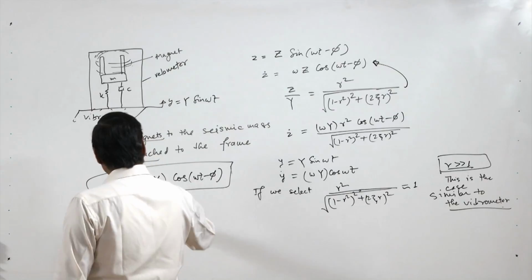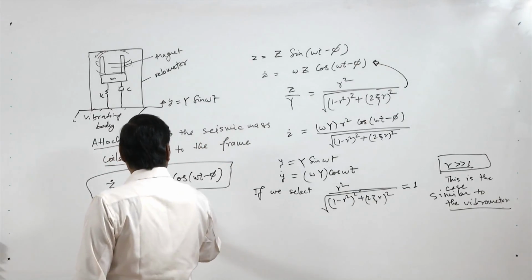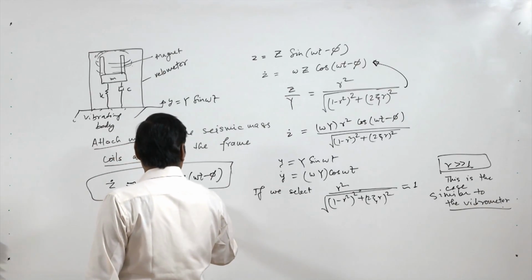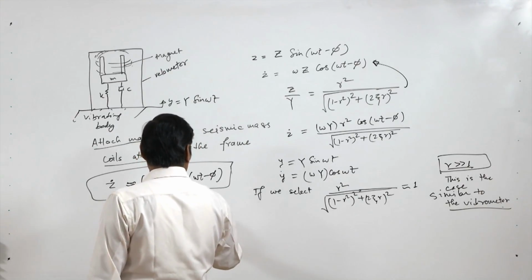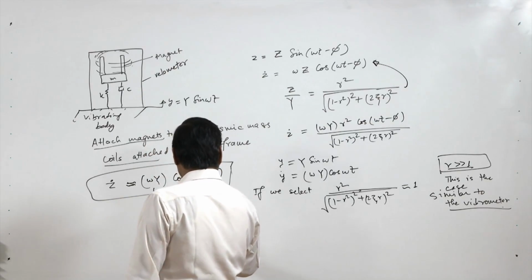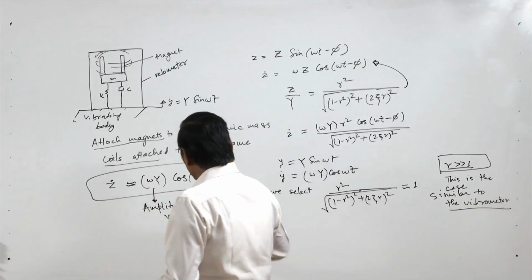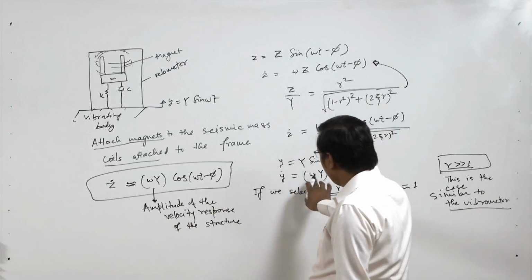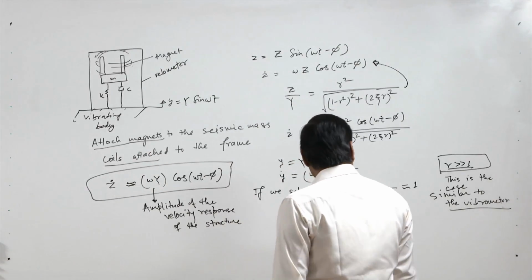So we see that Z dot will give us the approximate amplitude of the velocity response of the structure, because omega Y is the amplitude of the velocity response of the structure.